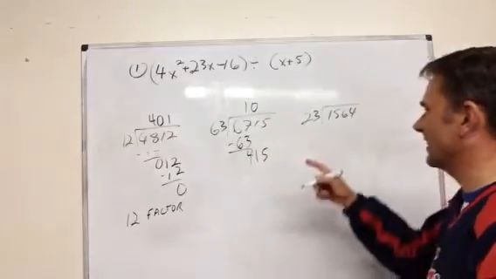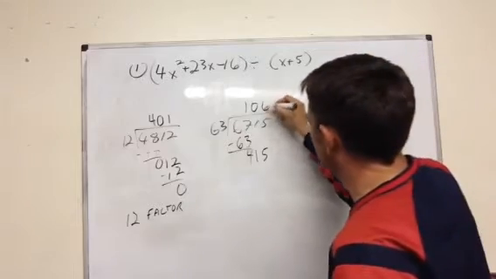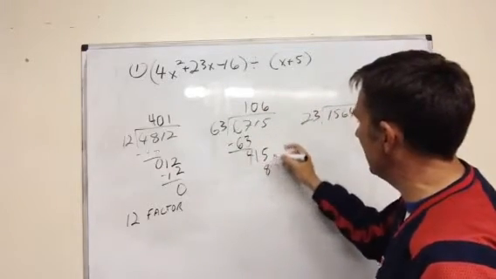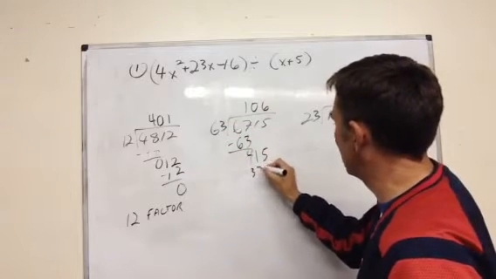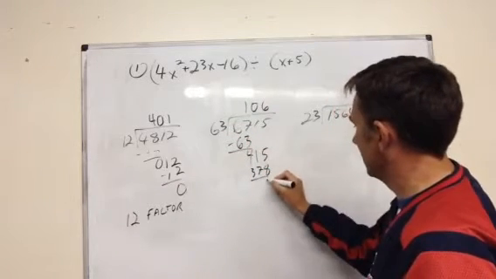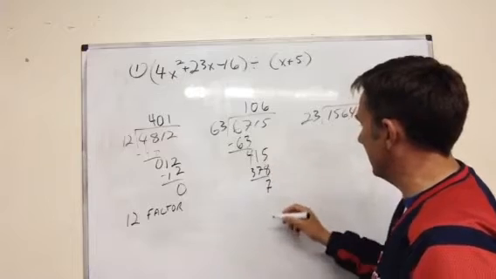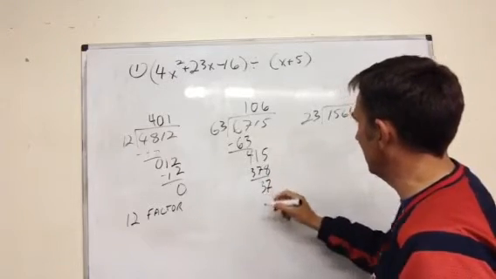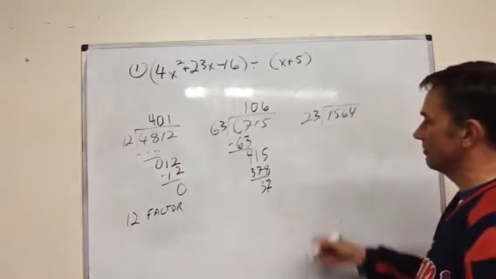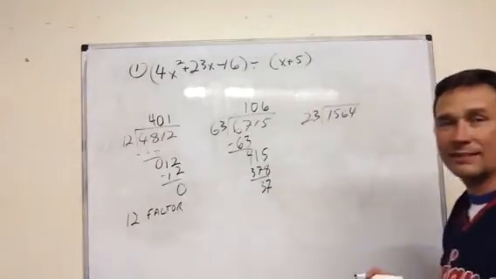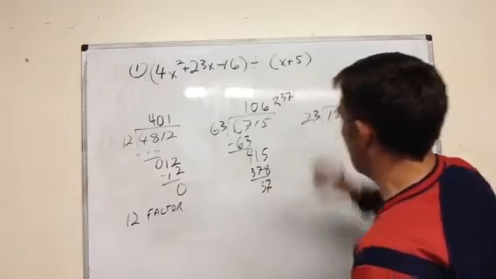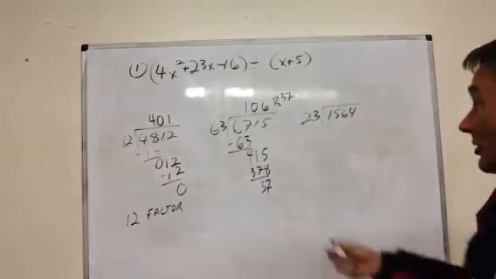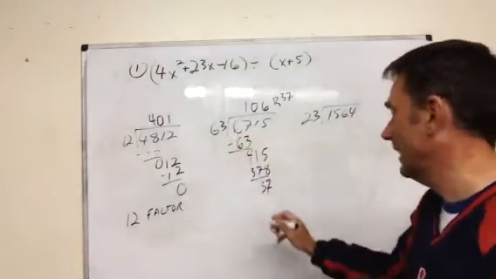Now 63, I think, goes in 6 times. 6 times 3 is 18. 6 times 6 is 36 plus 1 is 37. 15 minus 8 is 7. 10 minus 7 is 3. Now, there's nothing else to pull down here. We're not going to extend this out with any kind of decimals, so we have a remainder of 37. So this means 63 is not a factor.